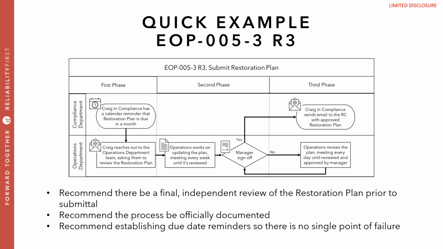If the original review took the team 4 weeks to get completed and over to the manager, who then finds an error that requires another day to be reviewed, could that cause us to be late? Remember, Craig in compliance is kicking off the process a month before the plan is due. Should there be more checks, more controls? Again, there's always room for improvement. Internal controls are not a one and done.